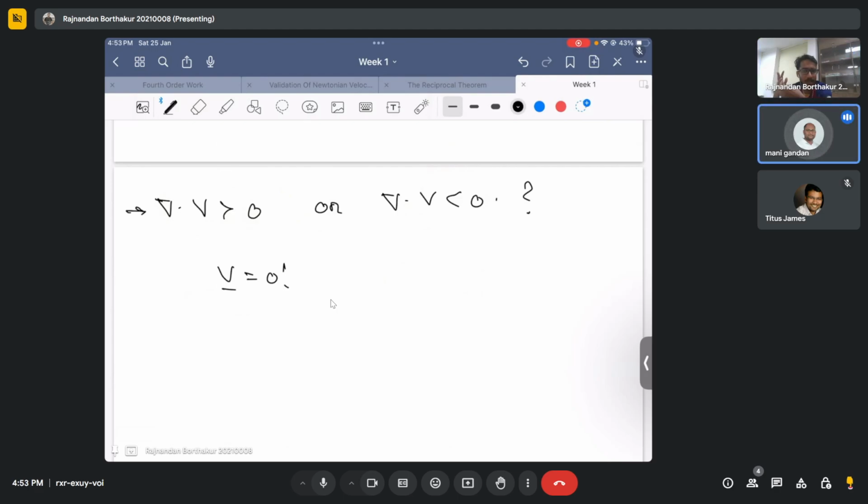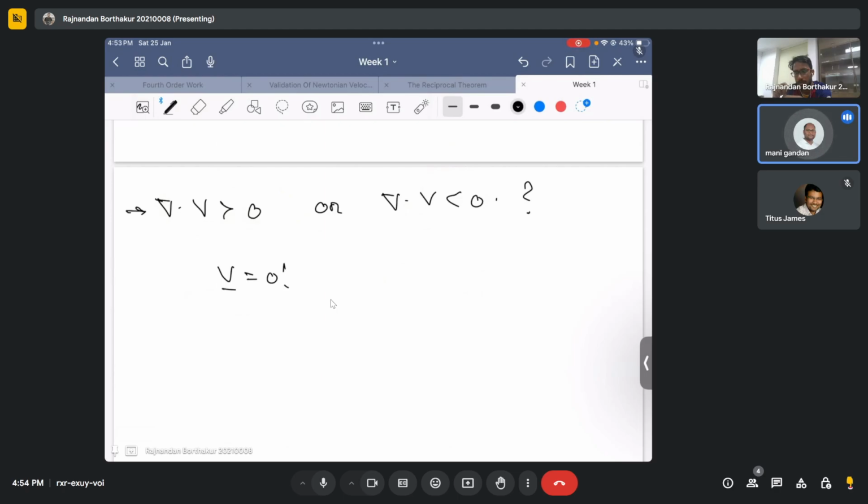It's a fluid dynamics book, sir. In that book, if v is a velocity, a vector quantity, and its divergence is equal to zero, it is a fluid flow that is incompressible.